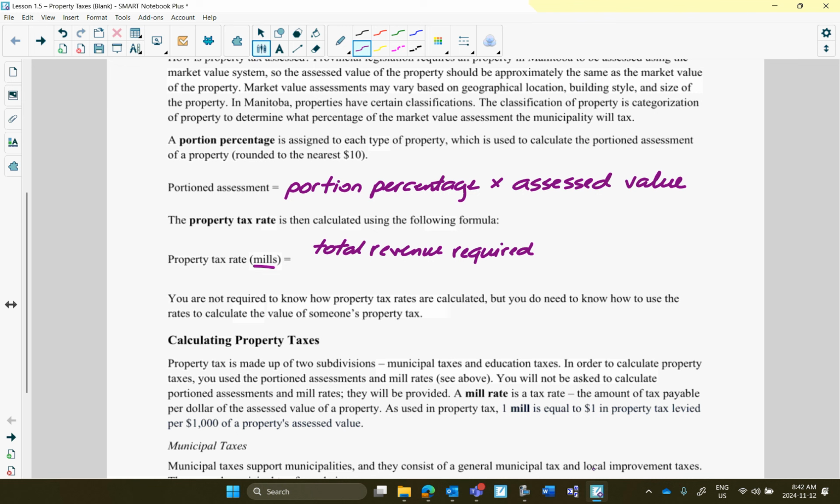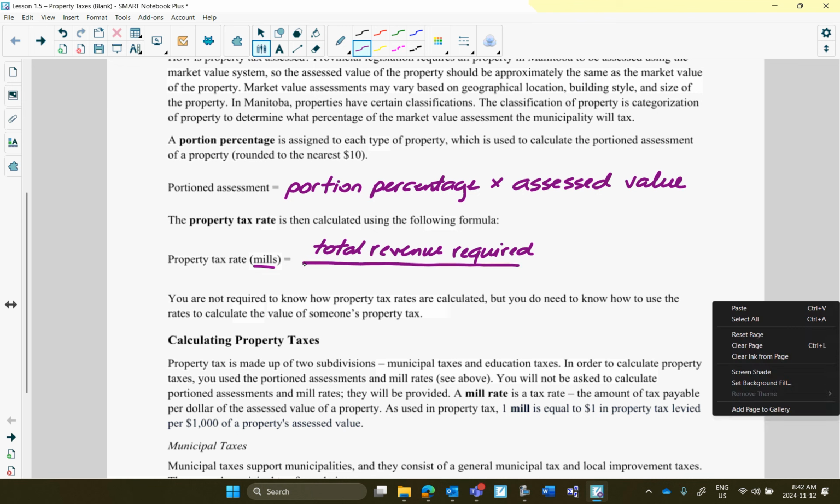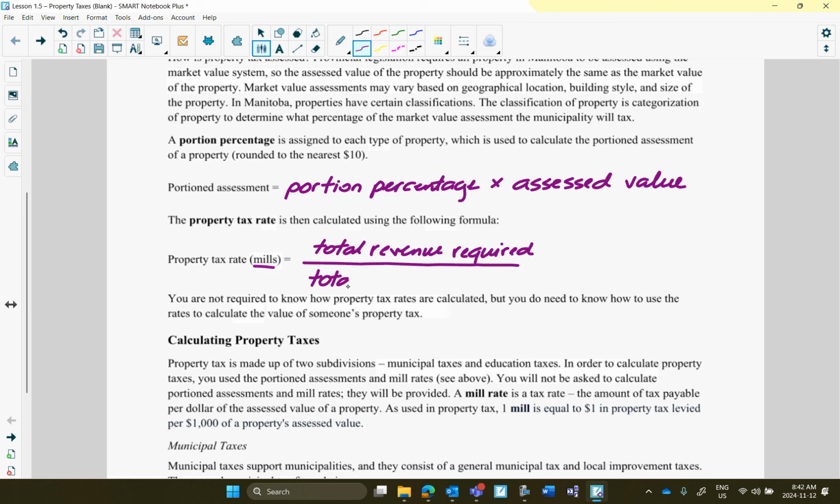From that, they're going to calculate what the property tax rate is going to be. Okay? And then they take all the homes and they add them up to get the total portion assessment of all the homes in the municipality. And then they times it by 1,000. And that's the property tax rate, or the mill rate. That's the reason they call it mill rate, because milli is a prefix for 1,000.